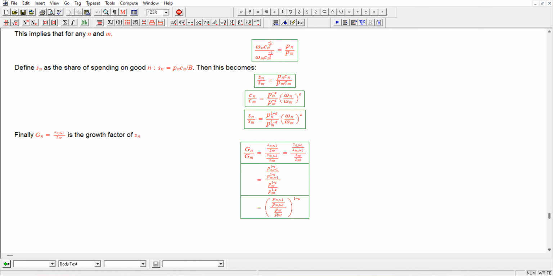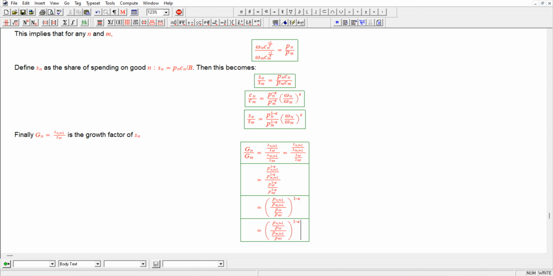So I can rearrange this one last time. The way we're going to get structural change is as long as the growth rate or growth factor of prices in different industries is different. And then as long as epsilon is not equal to 1, we're going to get structural change.